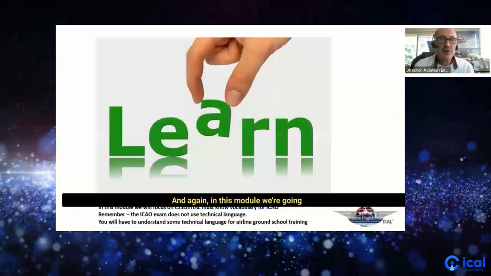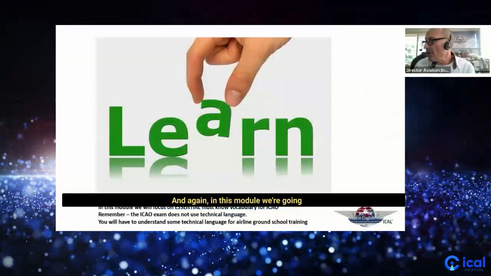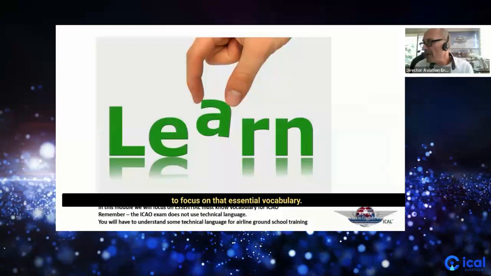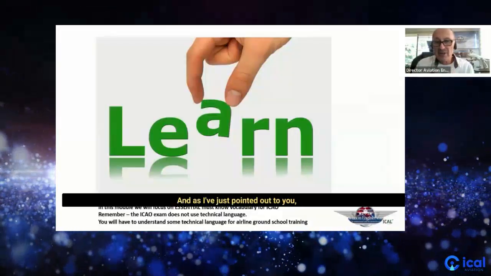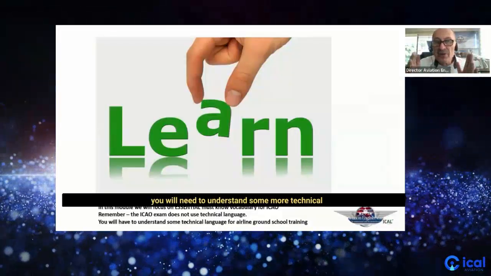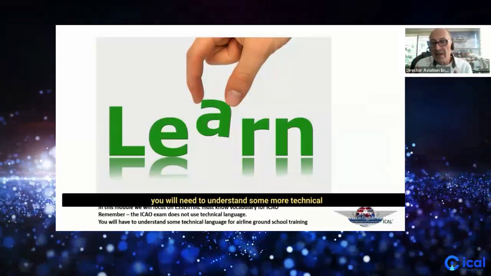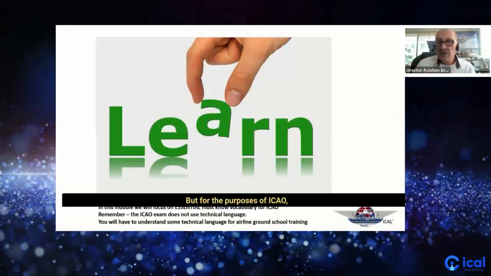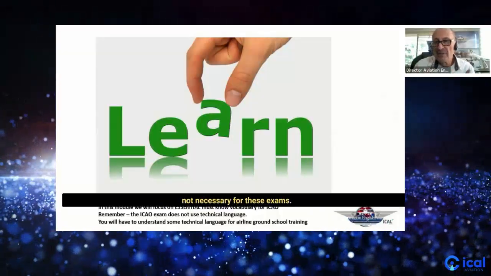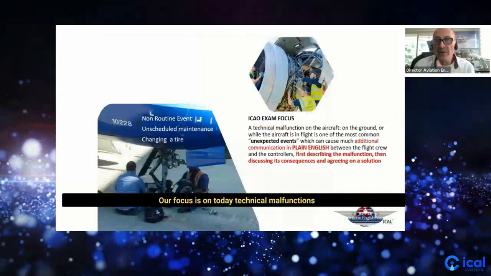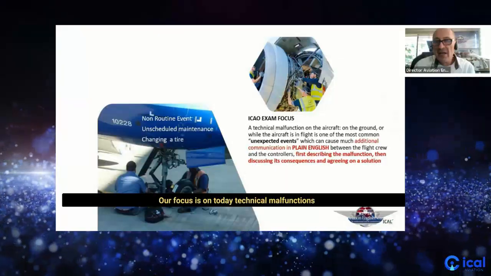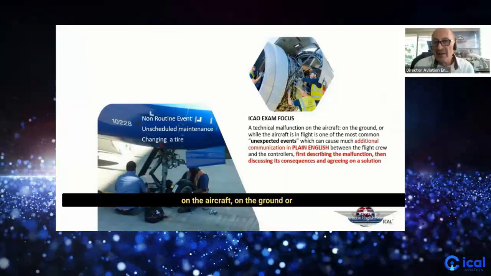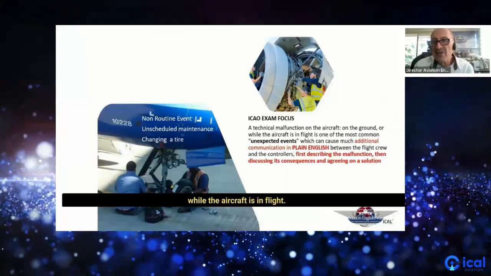And again, in this module, we're going to focus on that essential vocabulary. As I've just pointed out to you, you will need to understand some more technical language for airline ground school training, but for the purposes of ICAO, it is not necessary for these exams. Our focus today is technical malfunctions on the aircraft, on the ground or while the aircraft is in flight.